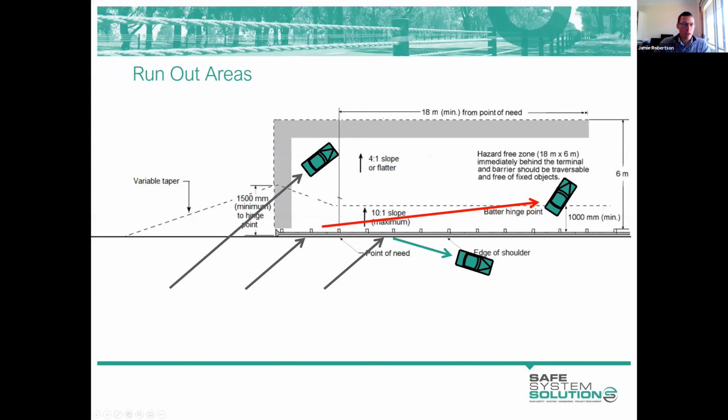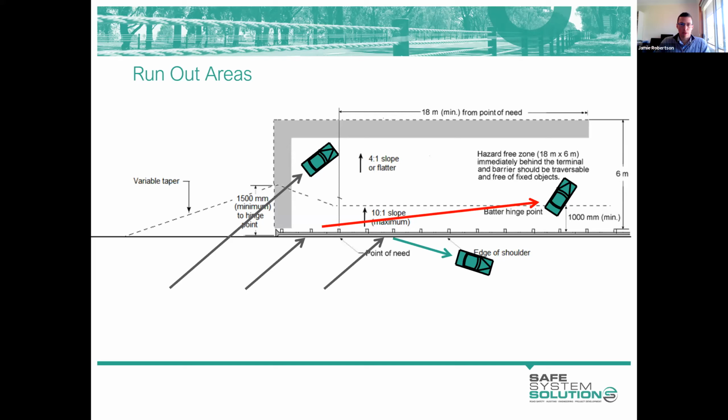We should look to provide run-out areas wherever we can. Now, I think Evan spoke about these the other day. A run-out area is a nice, relatively flat and hazard-free area that we like to provide at the start of a barrier system. It measures 6 metres wide by 18 metres long from the point of need.